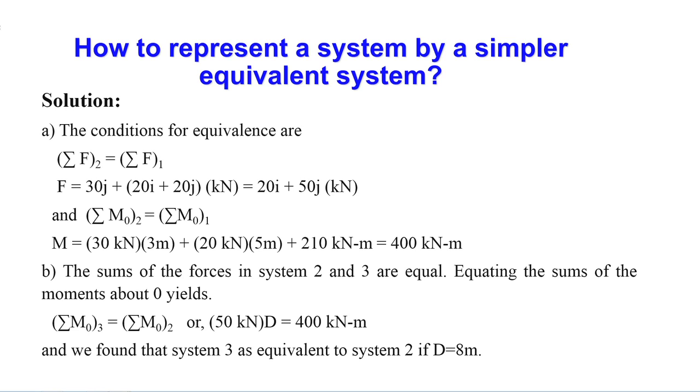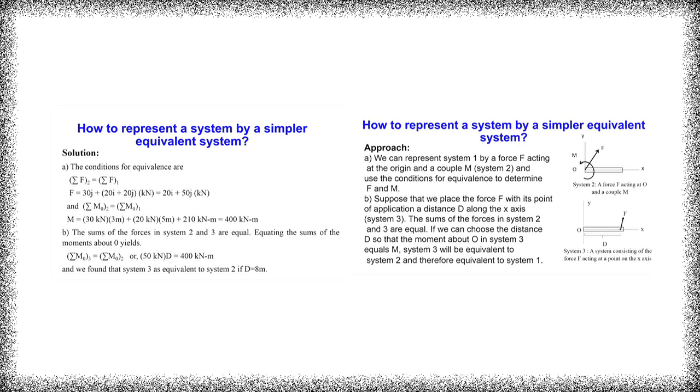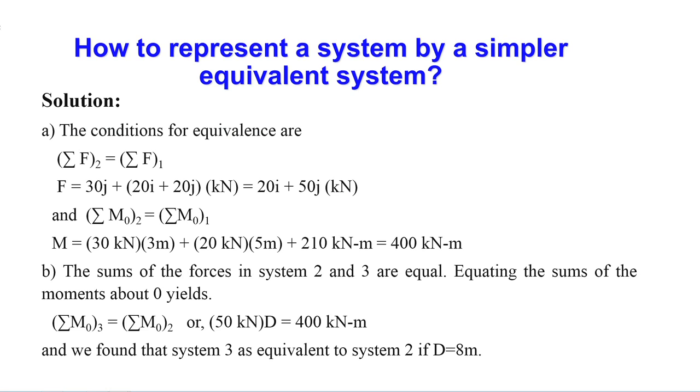System 2 means it will be equivalent to system 1. So, in system 3 simply one force F is applied at a distance d. If you compare for system 3, the moment will be 50 kilonewton, because we just see the figure. So, here the force F at distance d. That moment we have to take equals the moment of system 2, already found out, 400 kilonewton meter.